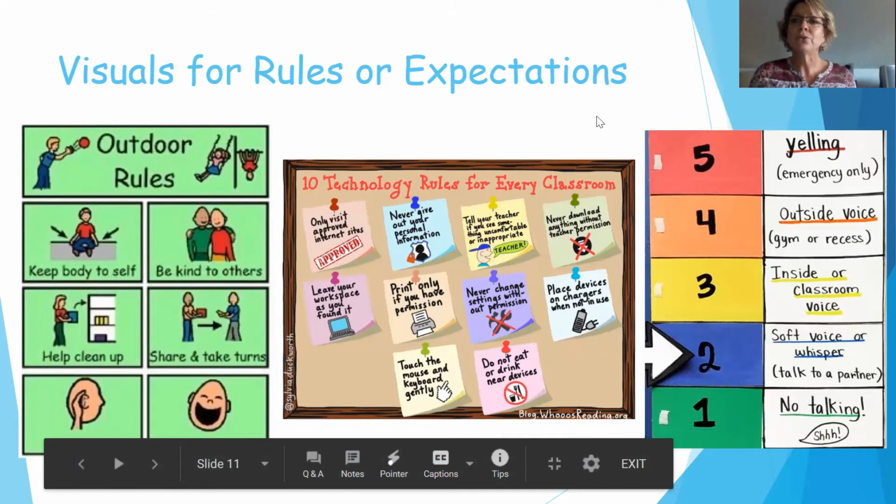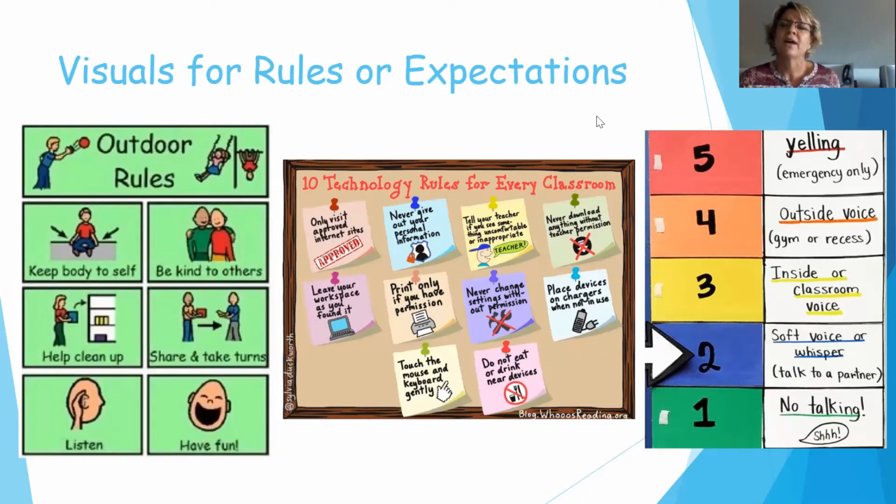All right, we can also use visual supports to help students understand rules or expectations. It's so helpful to have this kind of information that you are presenting to your child before the activity starts, before the expectation, because it's giving them that information ahead of time rather than us having to go afterwards and say, oh, you were supposed to do this.